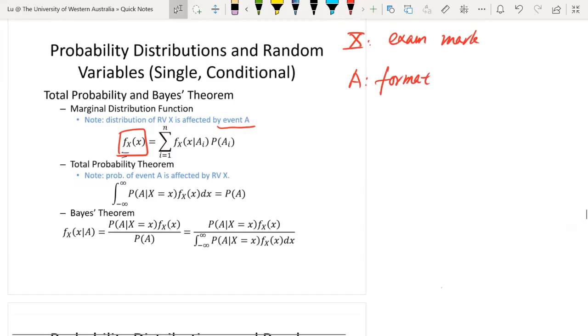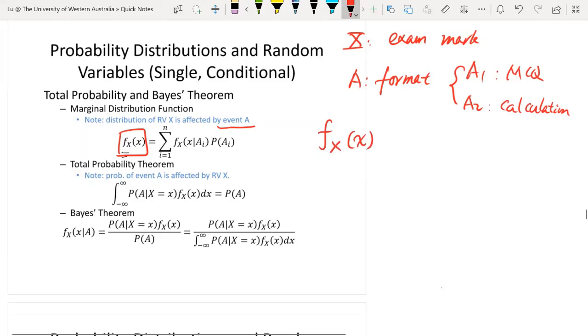This A contains two sub events: A1, all multiple choice questions, and A2, all calculation questions. Now, if I just want to evaluate what will be the performance of the exam, I can evaluate the PDF of the random variable X.